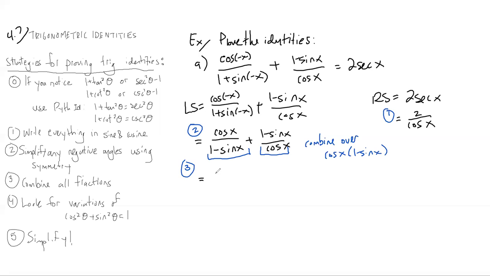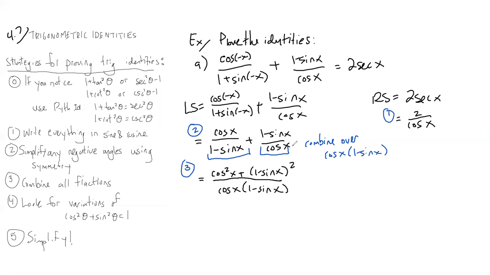And so I will have cos x times cos x, so it'll be cos squared x plus 1 minus sine x squared over cos x 1 minus sine x, right? I just multiplied the cos by, we need another cos on the denominator, and then the second term needs another 1 minus sine x on the denominator.